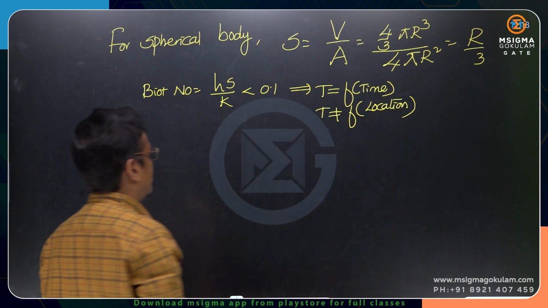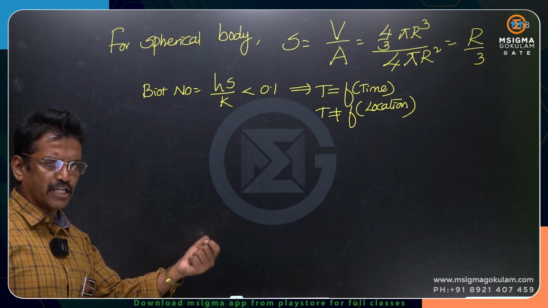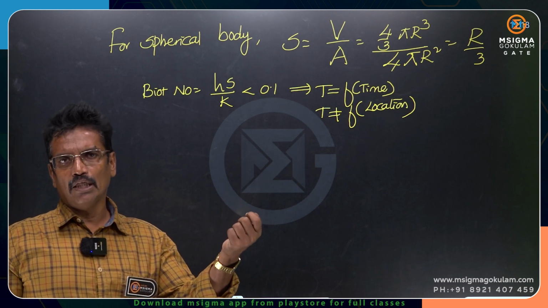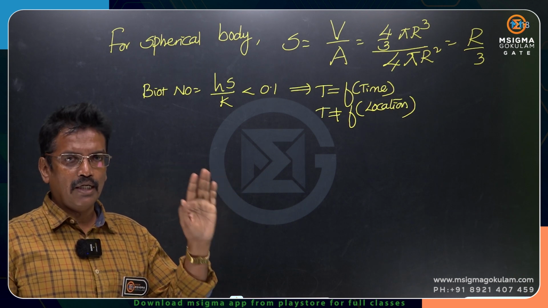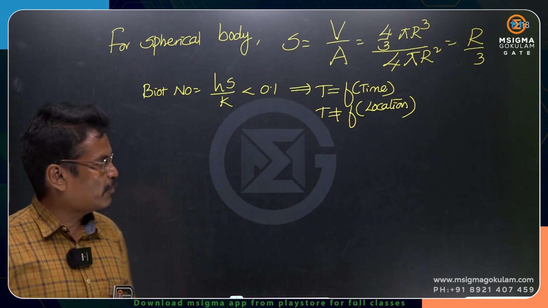Throughout the body, the internal temperature gradients can be neglected. There may be small gradients, but they are negligible as long as the Biot number is less than 0.1.